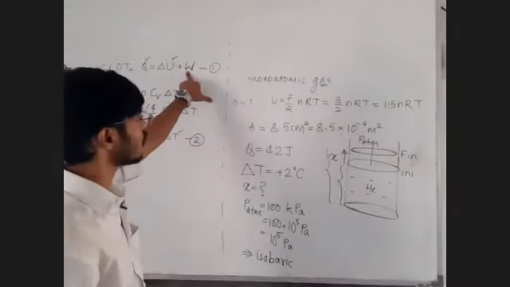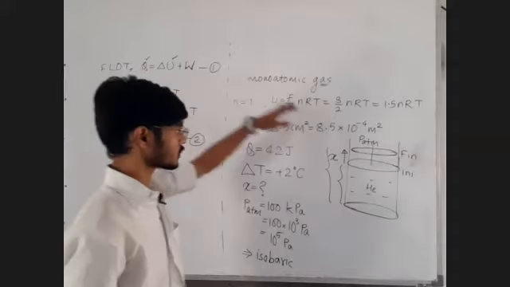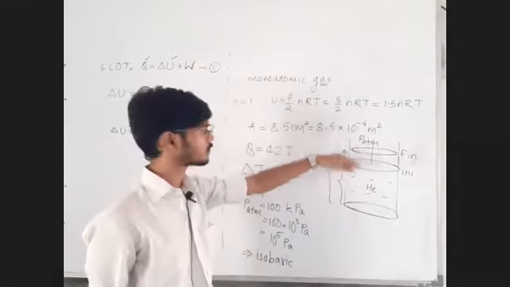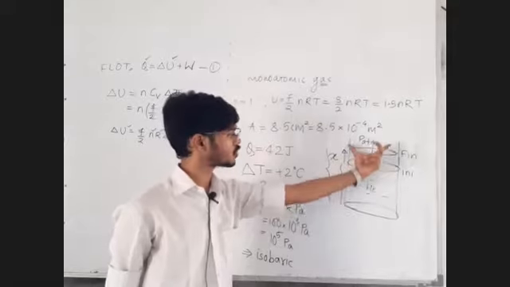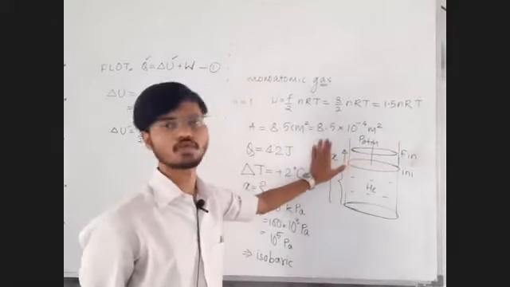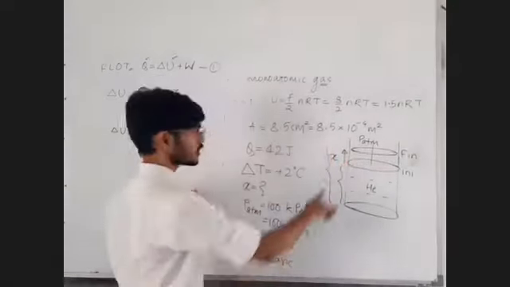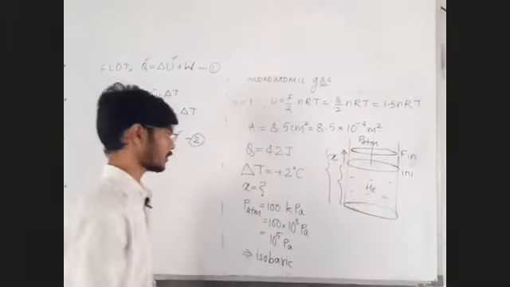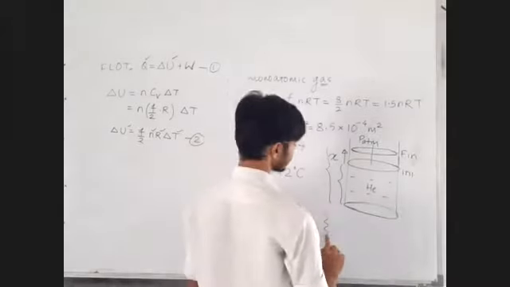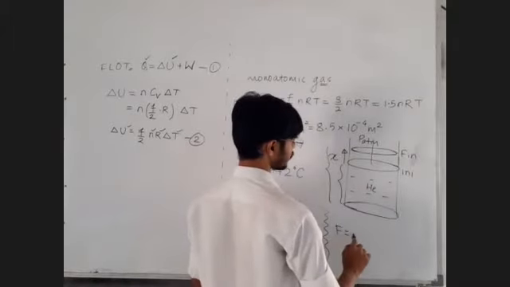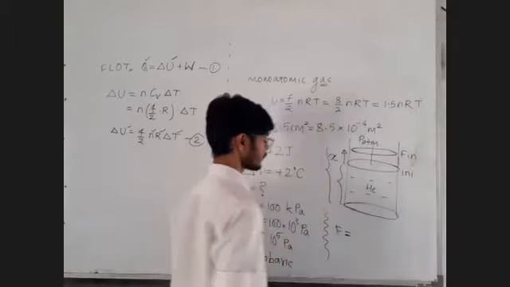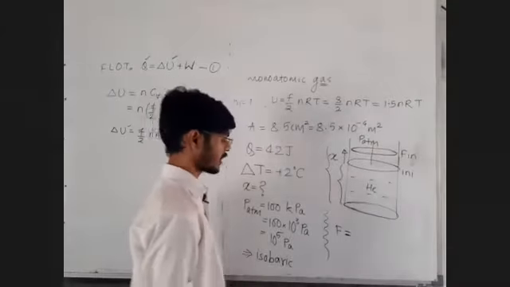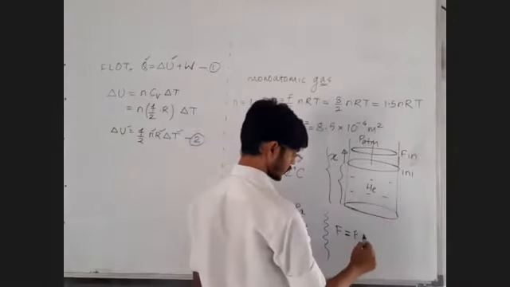Once I get the value of work done, as the process is isobaric and the area of the piston is constant, pressure is equal to force upon area, and force is equal to pressure into area.